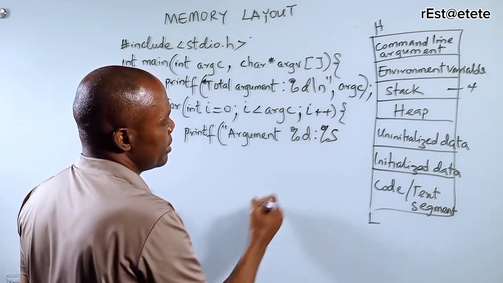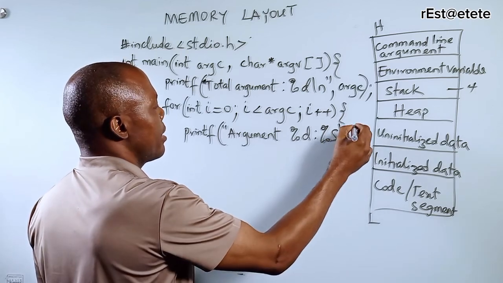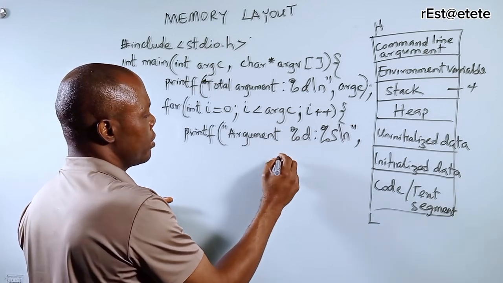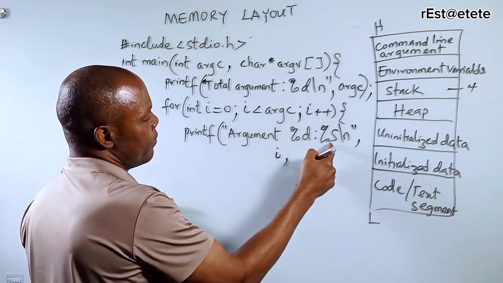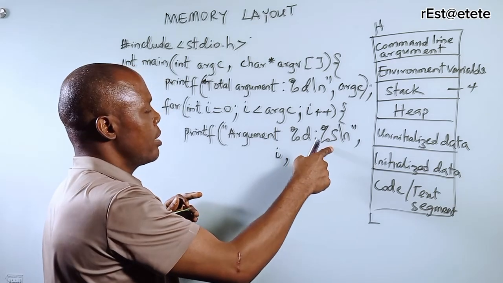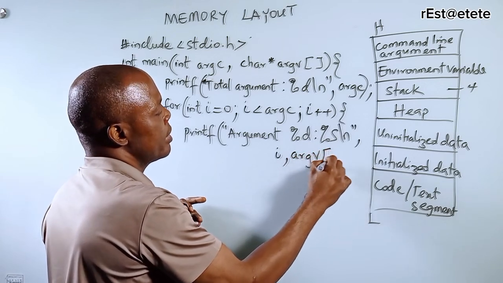Percentage s, backslash n, comma. So for this percentage d is what? i. Then for this percentage s, because it's returning a string literal, will be what? argv i.